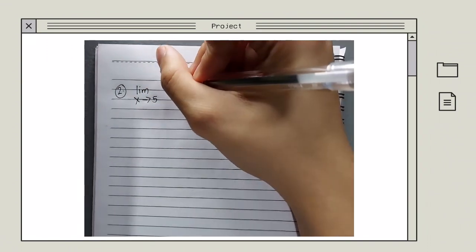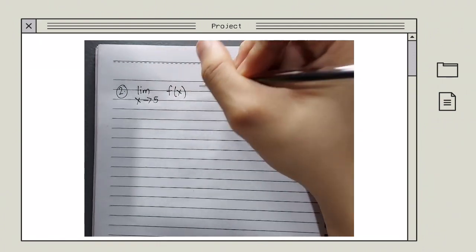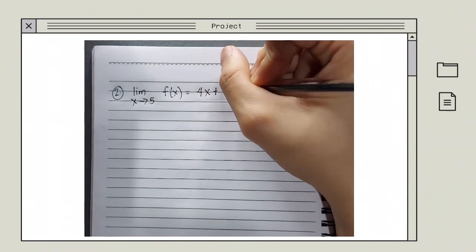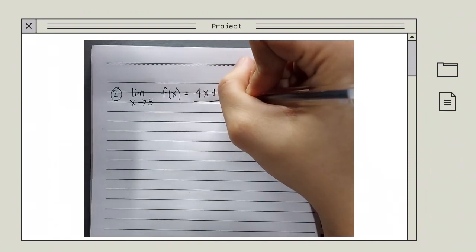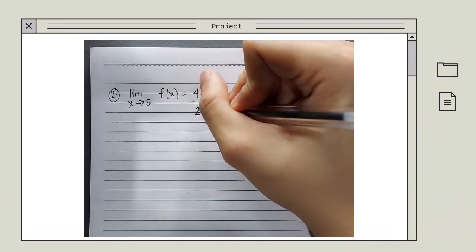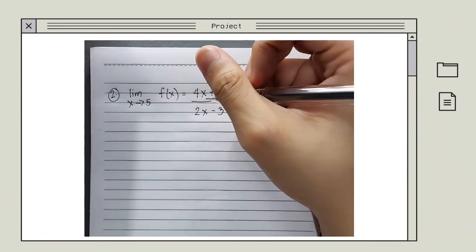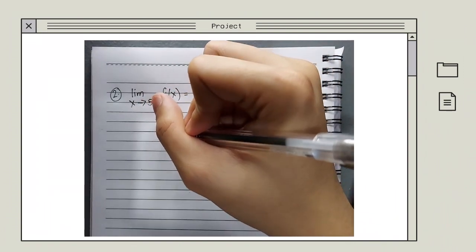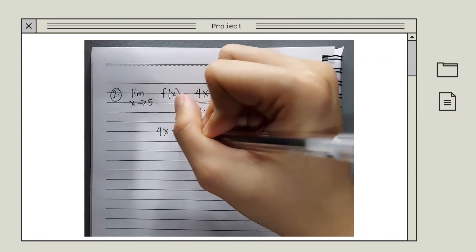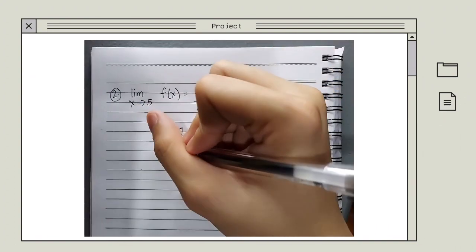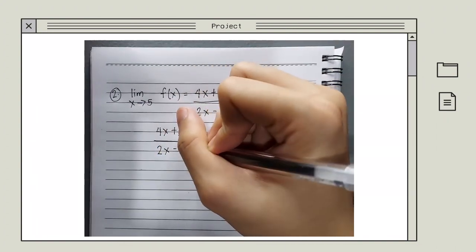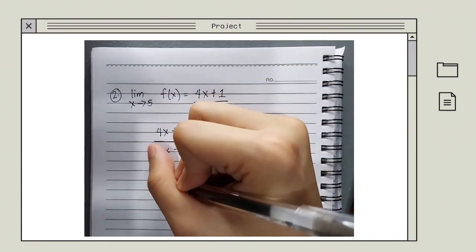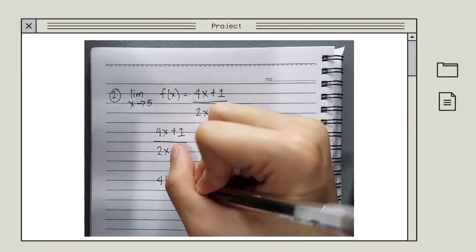So, for our next example is the limit of f of x as x approaches 5 is equal to 4x plus 1 over 2x minus 3. So, fa-follow lang ulit natin yung ginawa natin kanina. Isa-substitute lang ulit natin yung 5 sa mga x na nakalagay sa equation. So, magiging 4 times 5 plus 1 over 2 times 5 minus 3. So, ipagmumultiply lang natin yung 4 and 5 tapos yung 2 and 5.